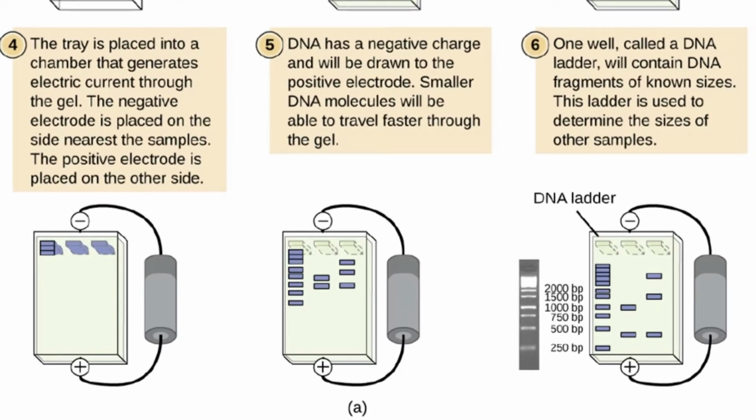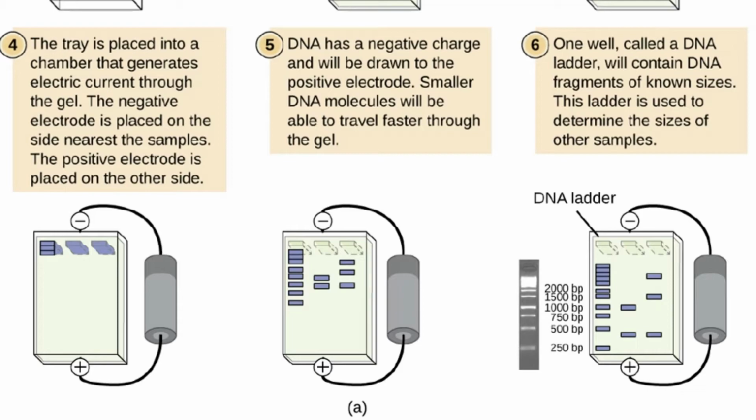And the electricity is used because DNA is a negatively charged molecule, so you can place a negative charge at the top of the tray and a positive charge at the bottom of the tray, and the DNA will be repelled by the negative and drawn toward the positive charge.